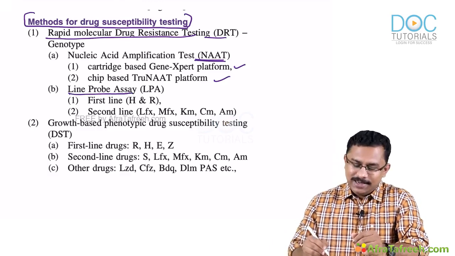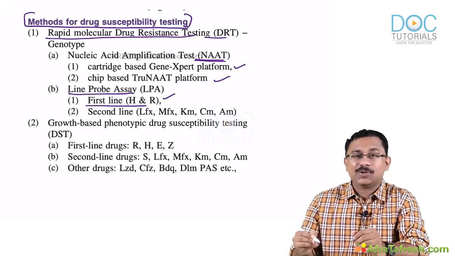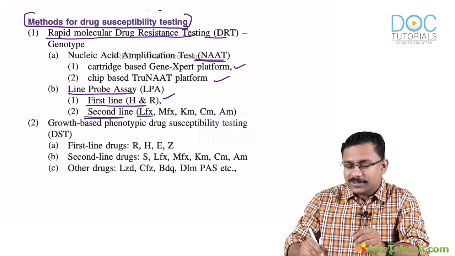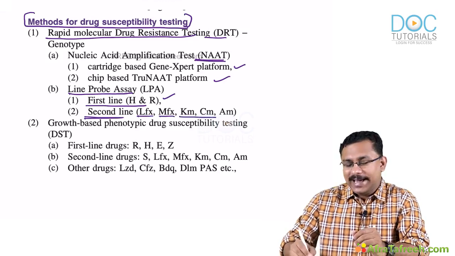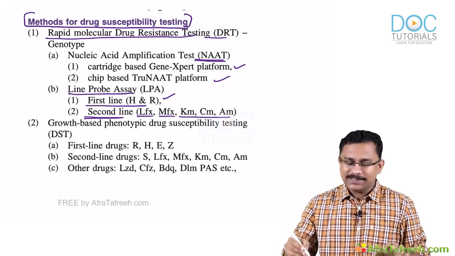You have the first line probe assay, where you can detect resistance to INH and rifampicin. The second line probe assay can detect resistance to levofloxacin, moxifloxacin, and the aminoglycosides kanamycin, capreomycin, amikacin.